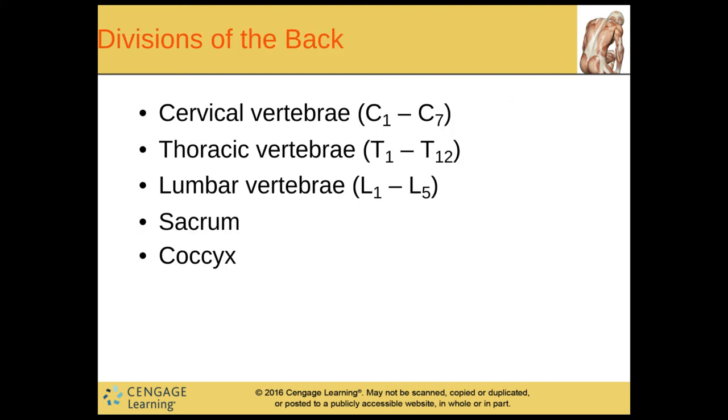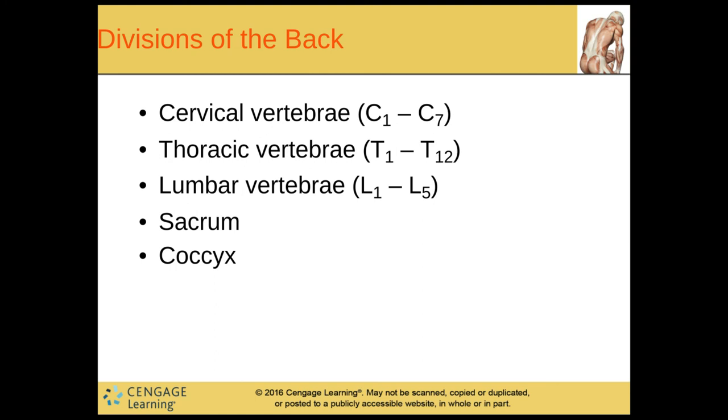Good job. All right, so then we have divisions of the back, and I will have my little fun skeleton friend. What are we going to name him now? Leon. We'll name him Leon. And we'll go over this when we're in class on campus. Okay. So we have the cervical vertebrae, right? These are towards the head.